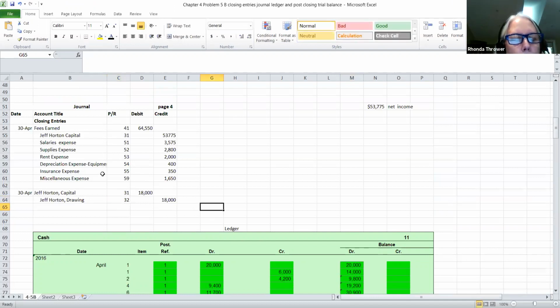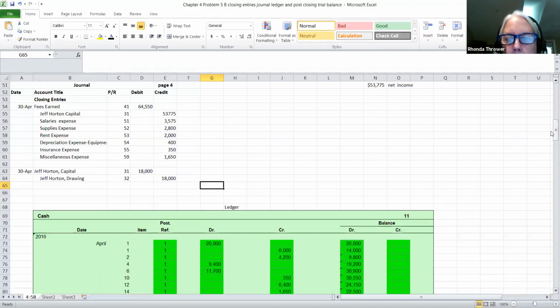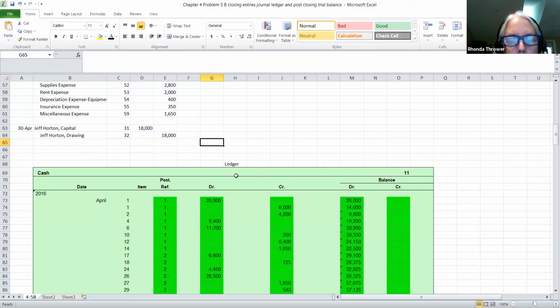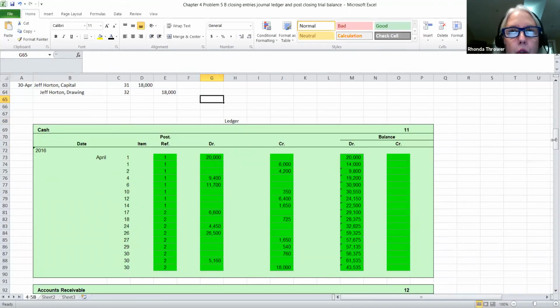So we're through posting our closing entries. All of our revenues, expenses, and drawing accounts should have zero balances. The remaining balances in your ledger are your permanent accounts, which also are equal to your balance sheet accounts.